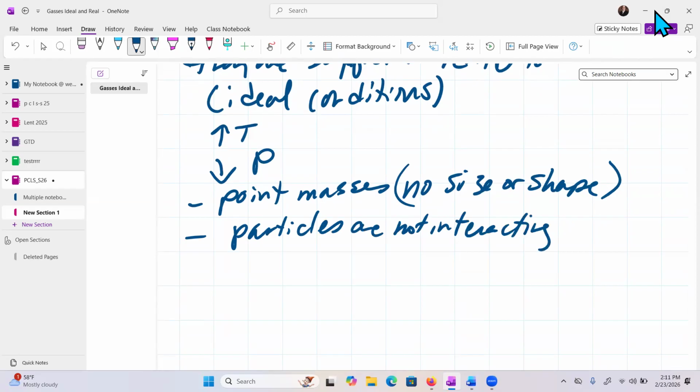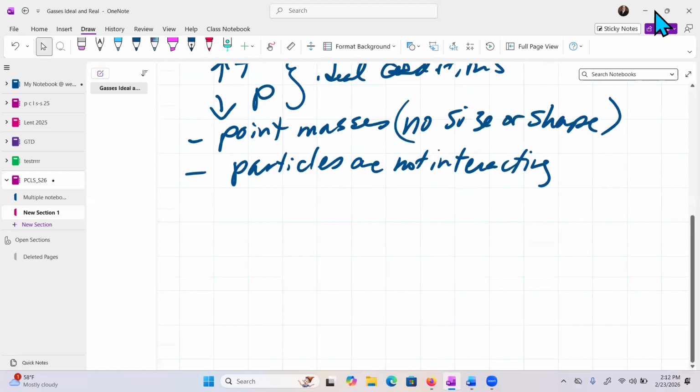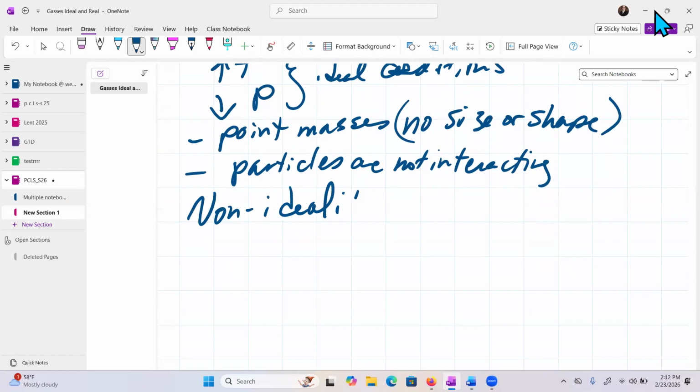So these things will be true when the temperature is high or the pressure is low, and these are the ideal conditions. So guess when non-ideality happens? Non-ideality is the opposite of the ideal conditions, right? So this is when ideal breaks. And that's when this will happen.